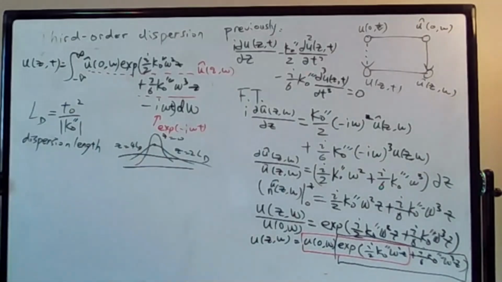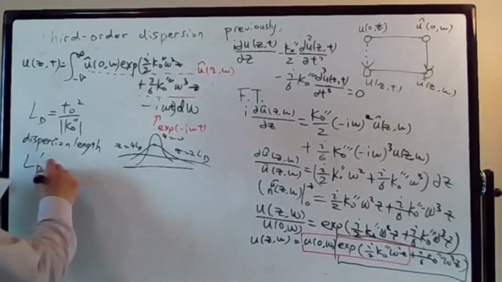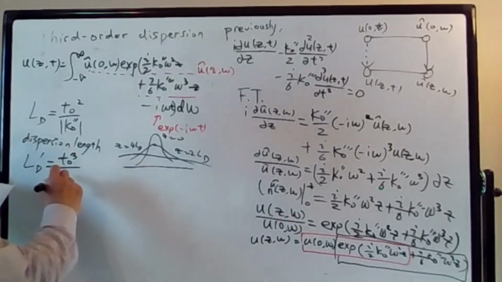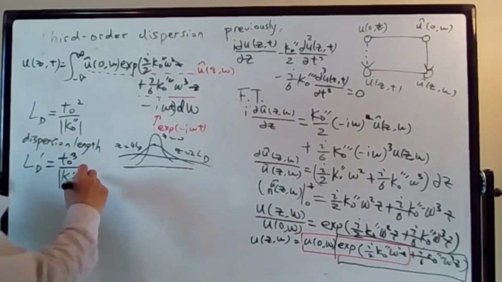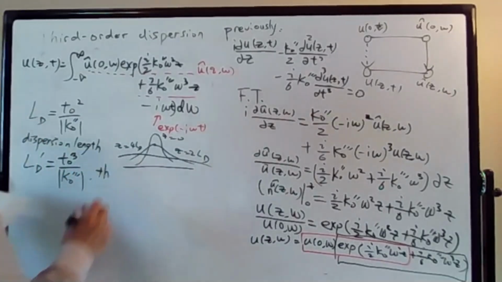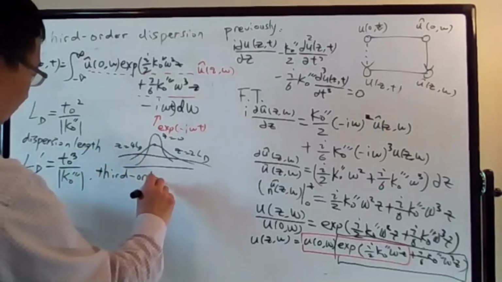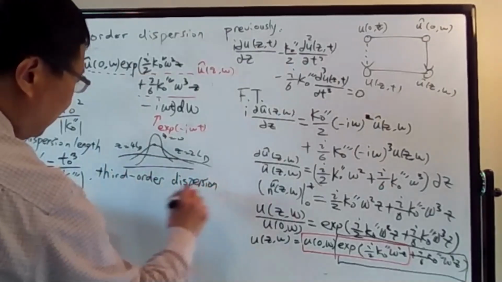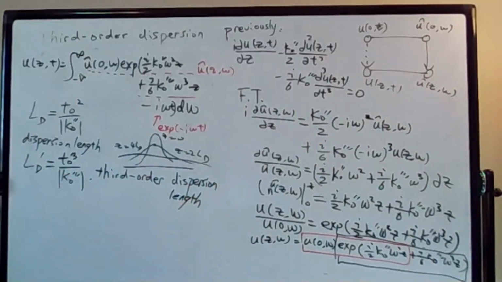I'll skip the steps, but directly write down L_D prime, which is T0 cubed over the absolute value of k0''', and this is the third order dispersion length. Third order dispersion length.